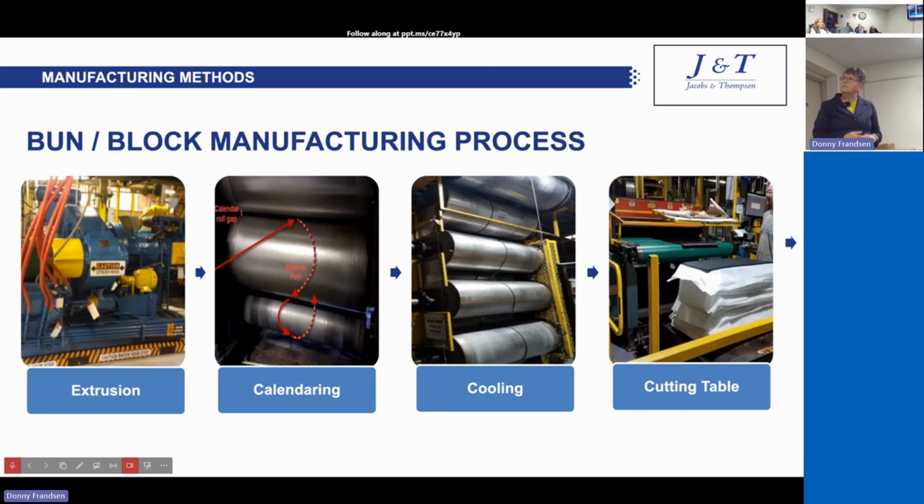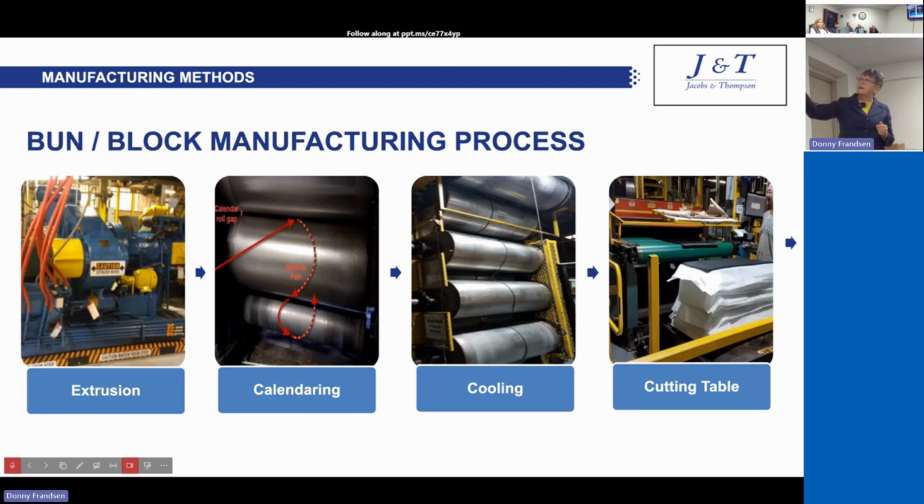Buns and blocks are kind of similar at the beginning. Again, second floor, it gets mixed in a special rubber mixer, drops down into some mills, and then gets extruded and calendared, which is just to make the raw stock, again, a certain size, dimension, and thickness. With buns or blocks, you have to make these rectangles.